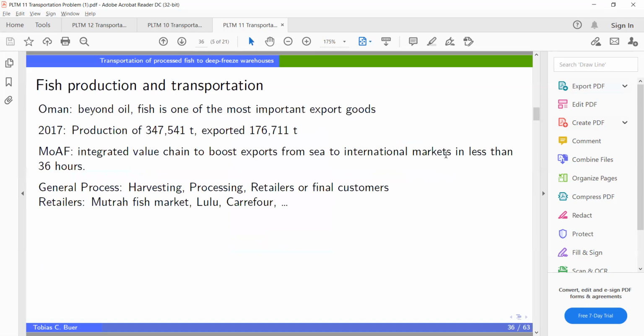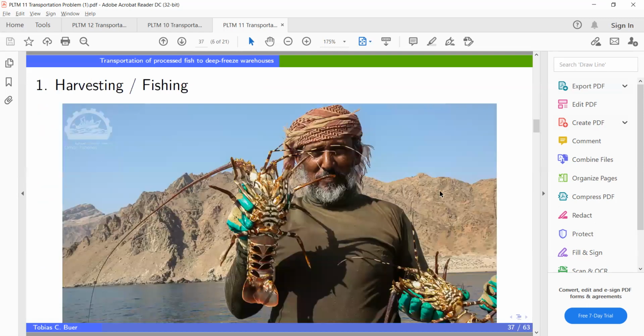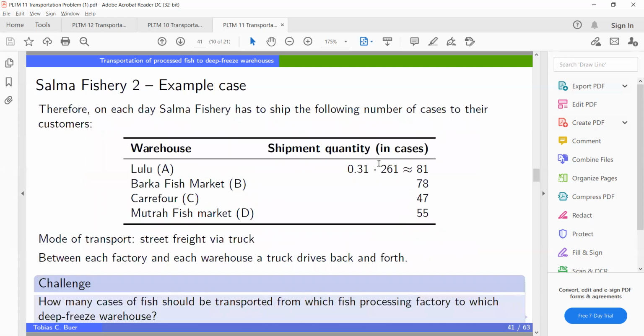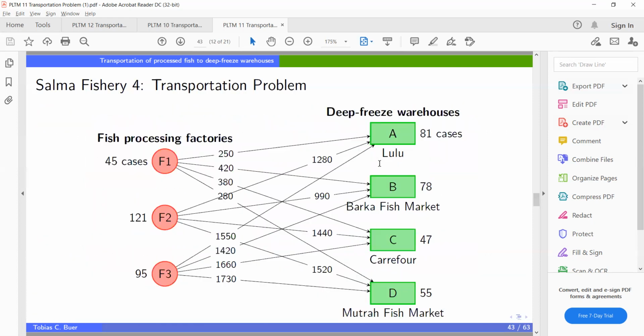Now we start with an example, a fish production and transportation example. Of course, fish production is very important for Oman. And what do we have here? Let me directly go to the drawing of this picture. We have, on the one hand, 3 factories that produce fish.